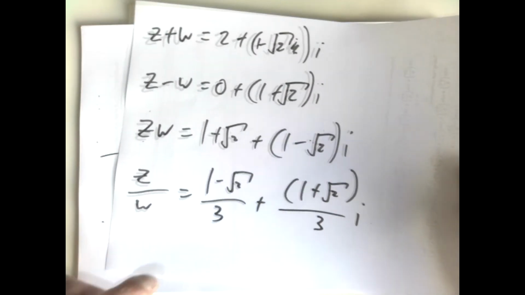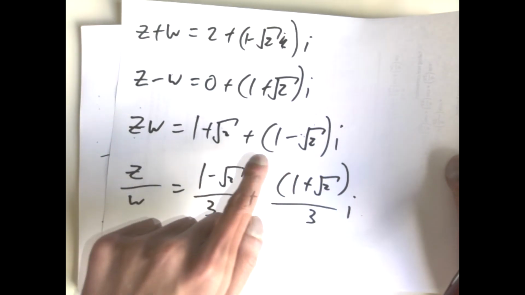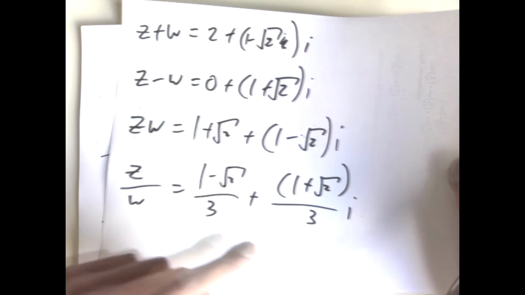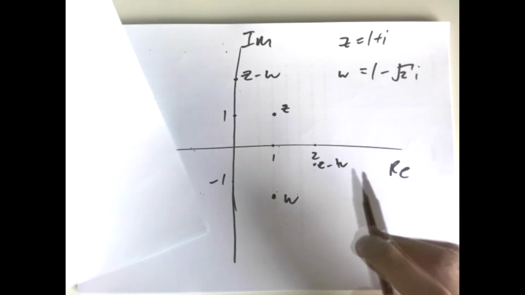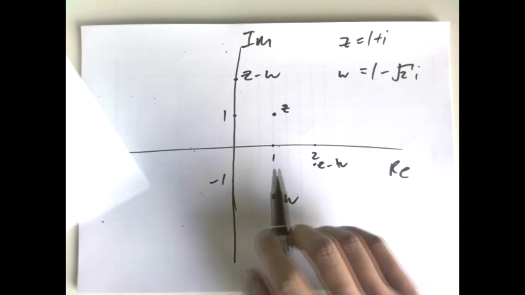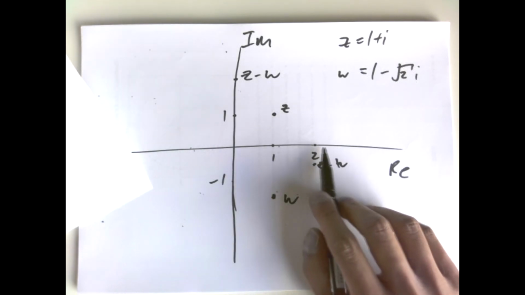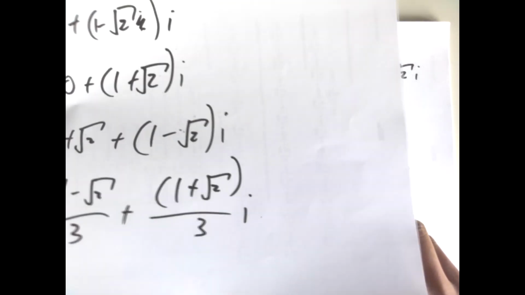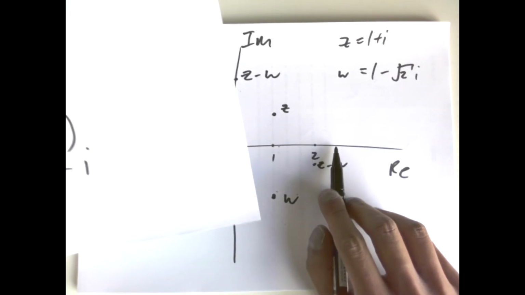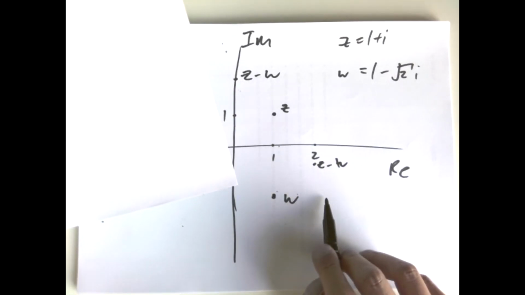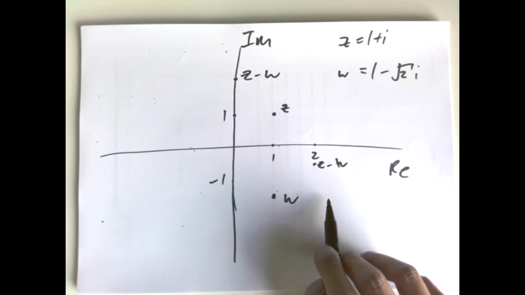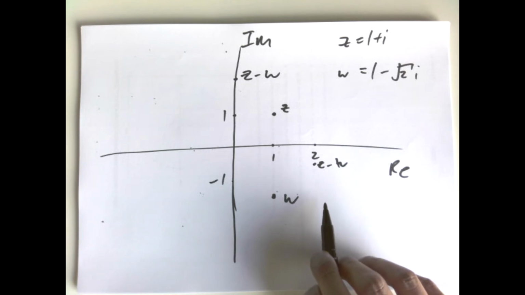Our z times w, which is going to be 1 plus root 2 and 1 minus root 2, is going to be somewhere over here.